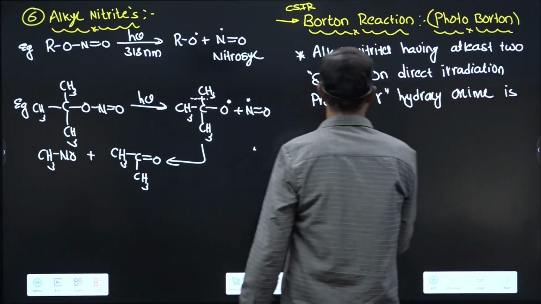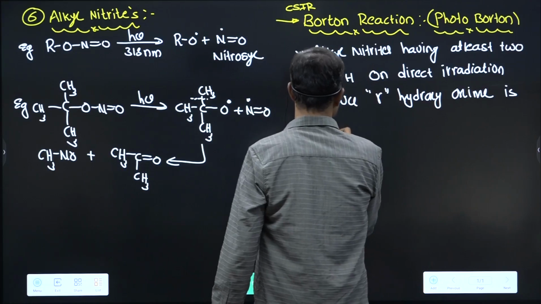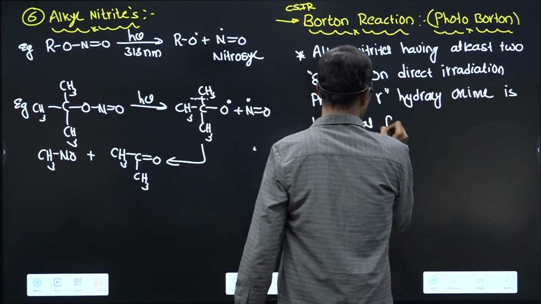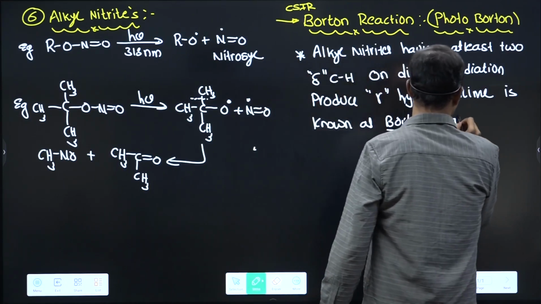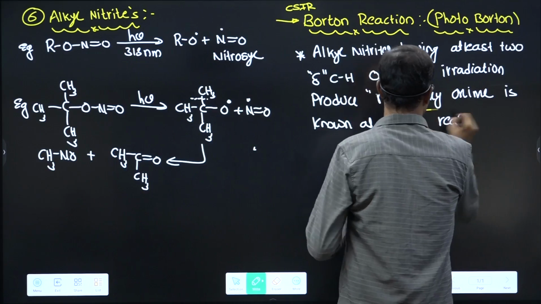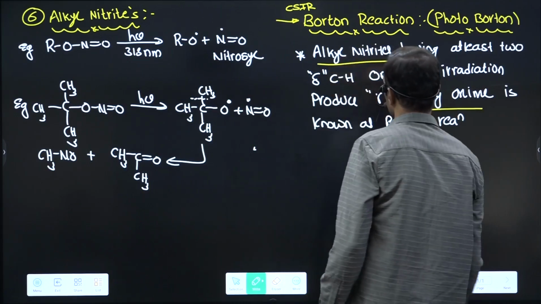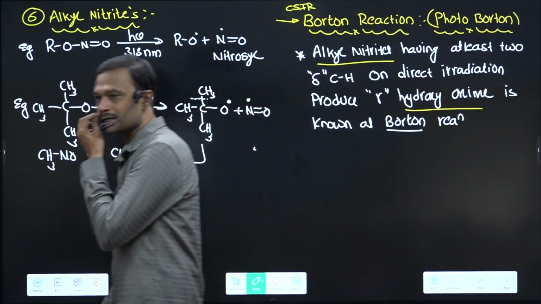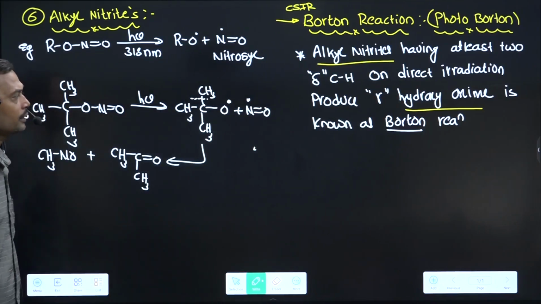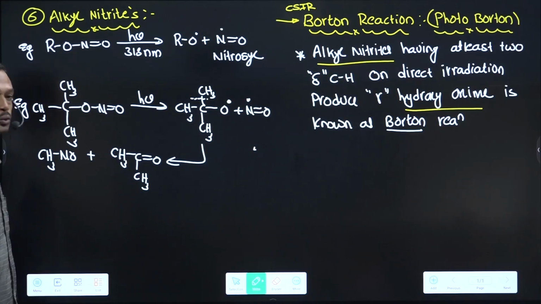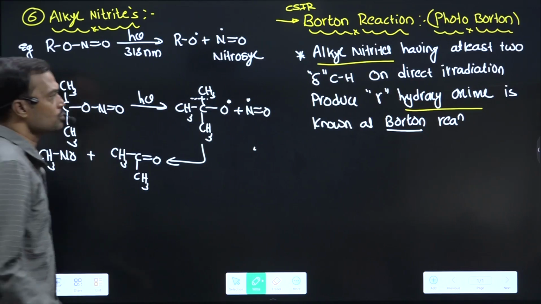Gamma hydroxy oxime formation is known as Barton reaction. So this point you need to remember. Hydroxy oxime, alkoxy, alkyl nitrite. Starting materials are very important in Barton. Alkyl nitrite having at least 2 delta carbon hydrogens.